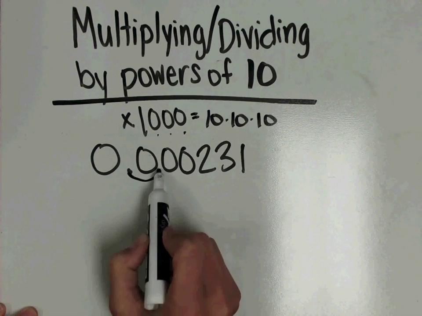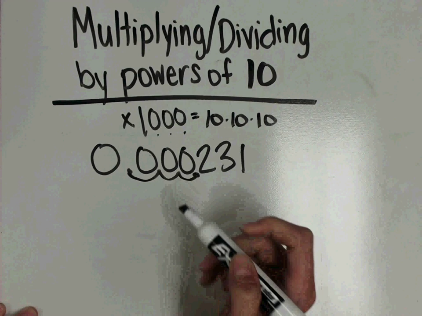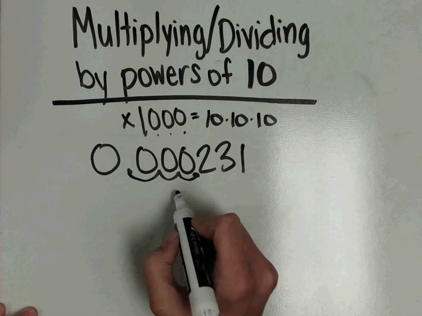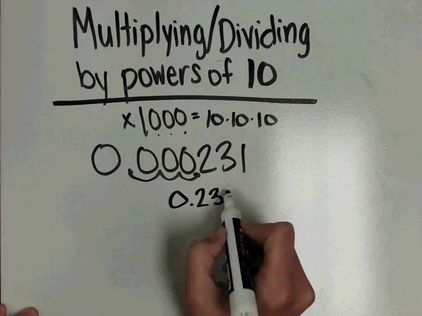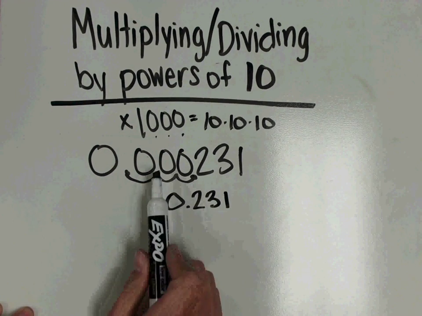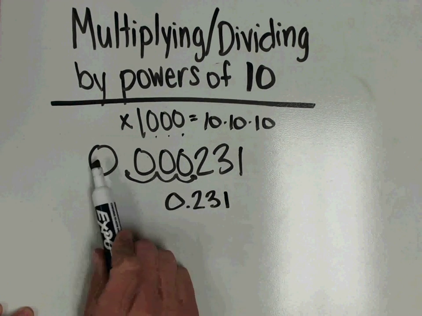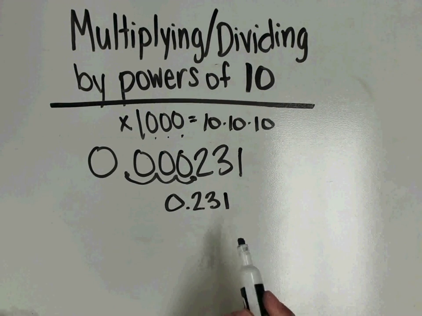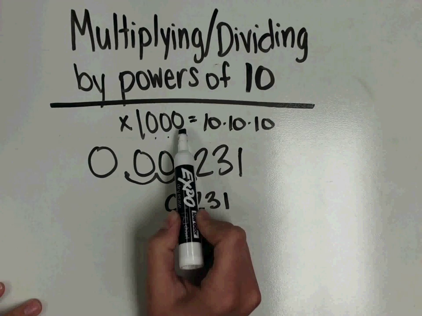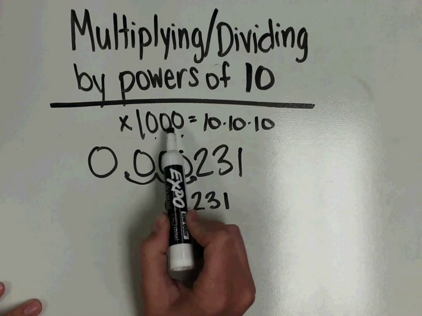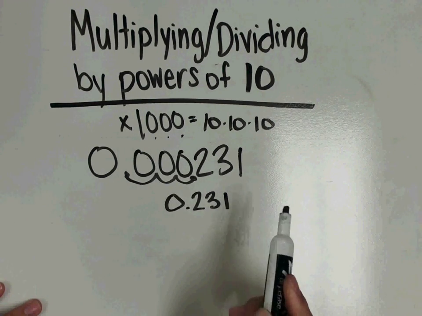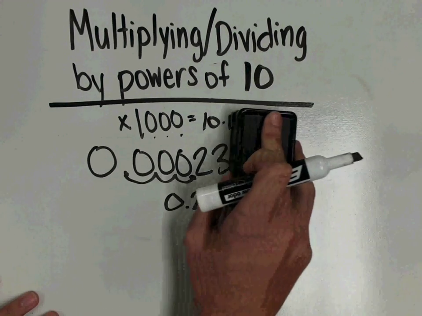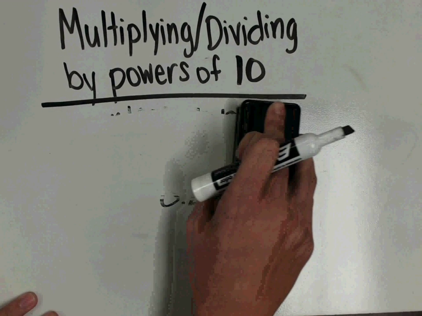So if I start here and go 1, 2, 3, there would be my answer. I would have 0.231. And you can drop all these other zeros. You just need 1 here before to show that there's nothing before the decimal. So, moral of the story, count how many zeros there are when you're multiplying by a power of 10, and that's how many times you move to the right instead of multiplying it all out.